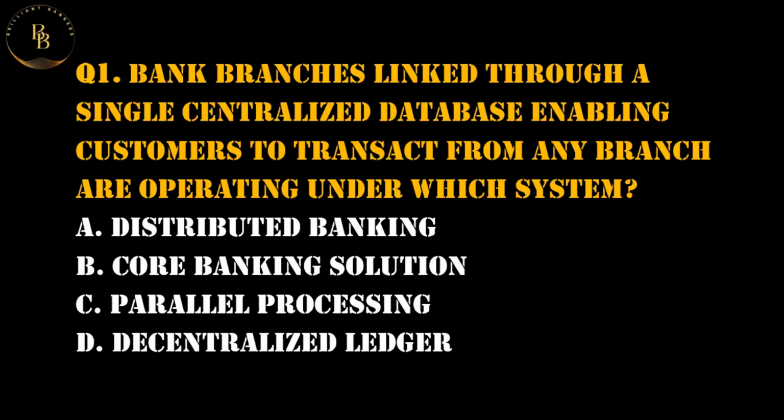And the right answer for this is option B, core banking solution. A core banking solution centralizes data and processes across the branches, allowing anywhere banking. It improves the control, reconciliation, and the real-time MIS, forming the backbone of digital channels.